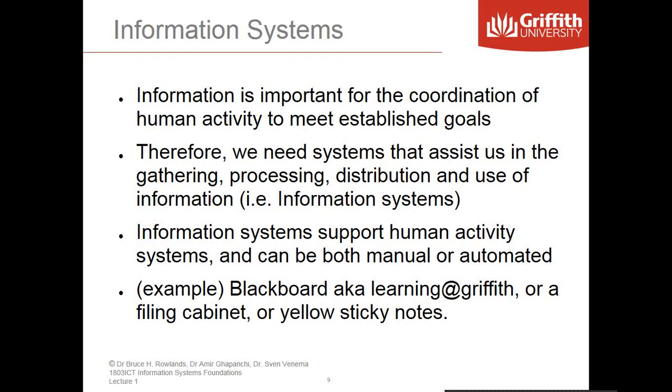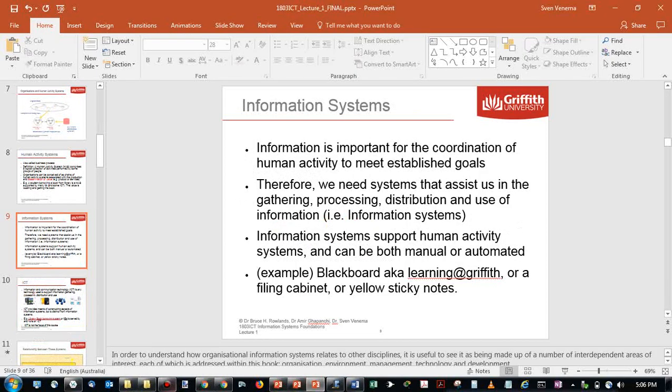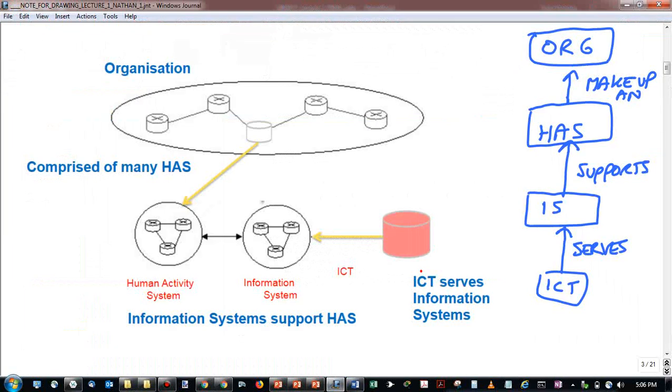So I guess while we're here, it's probably a good time. I'll just illustrate that with this diagram. So this thing down the bottom, this ICT, provides something of value to the information system, which provides something of value to the human activity system, which provides something of value to the organization, and finally the organization, to survive, has to provide value to the outside world, the clients or the customers, right?